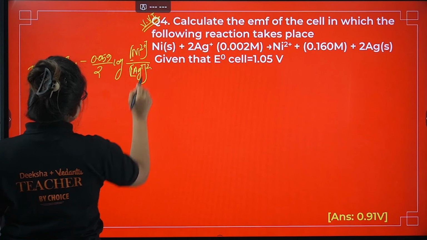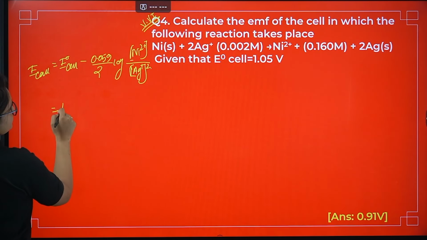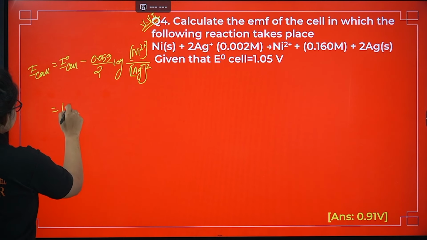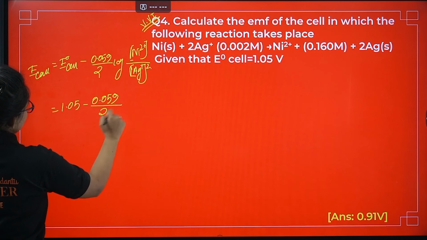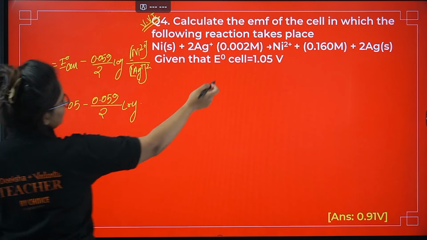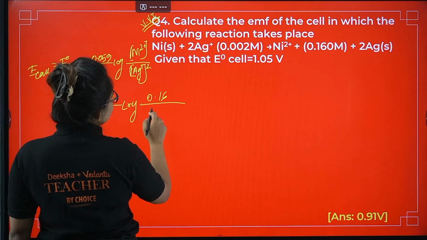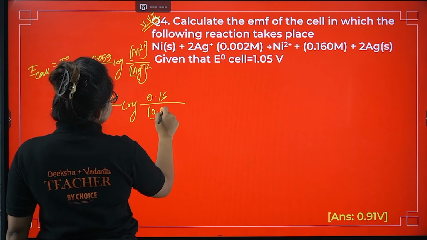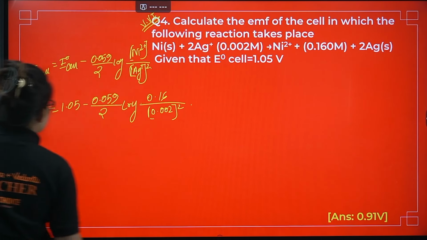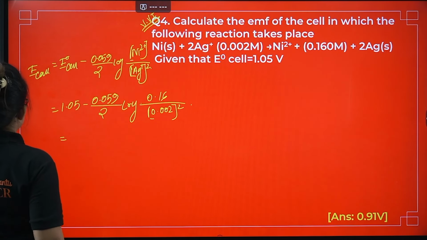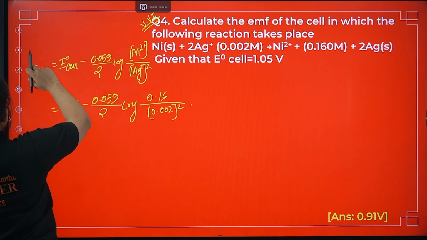Let's put everything here. E0 cell value is also given, that is 1.05, minus 0.059 divided by 2 log, let's put the concentration terms, that is 0.16 divided by 0.002 whole square. 0.002 whole square means, let me write it directly.